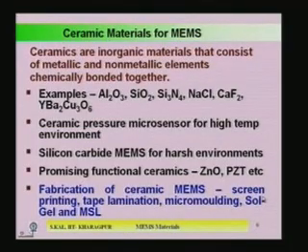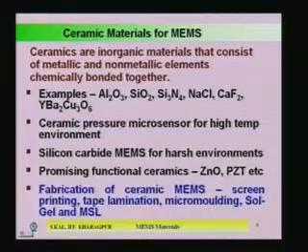Now, come to the ceramic materials for MEMS. We discussed metals, metal alloys, then polymers. Now, we will discuss ceramic materials. Ceramics are inorganic materials that consist of metallic and non-metallic elements chemically bonded together. That is the definition of ceramics.